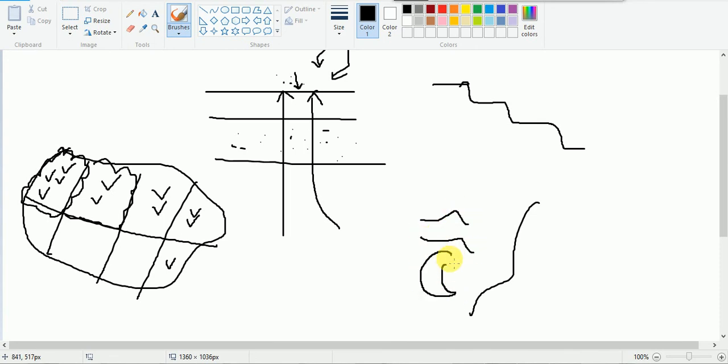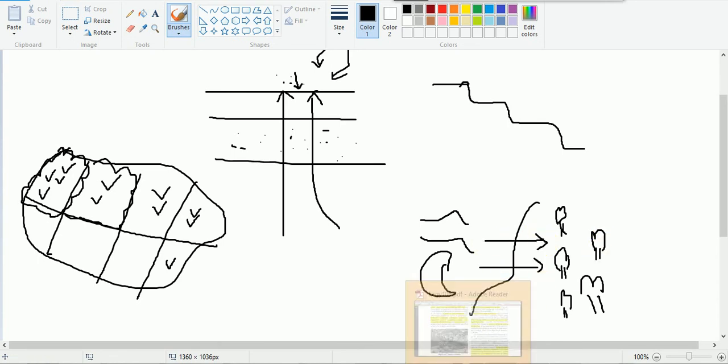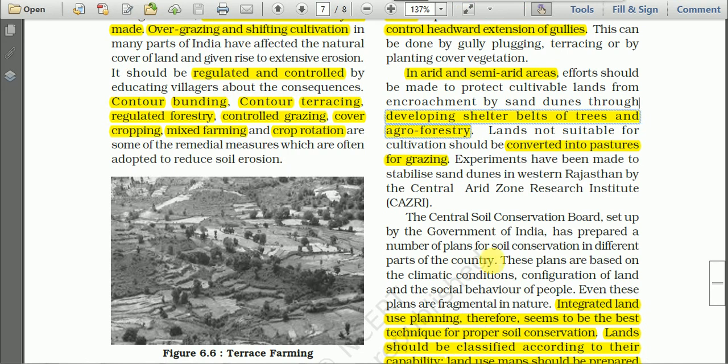Extension of these sand dunes towards this side may be checked if we grow a row of trees like this. If we grow trees in rows, this is what we call the shelter belts, and these shelter belts will prevent the extension of sand dunes towards this side. So this should be done in the desert and semi-desert areas.